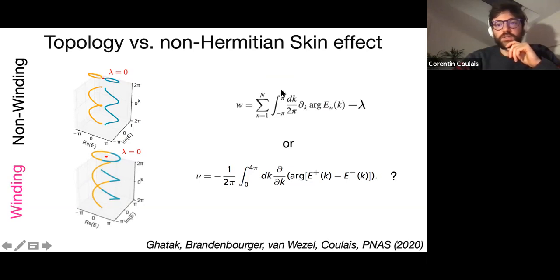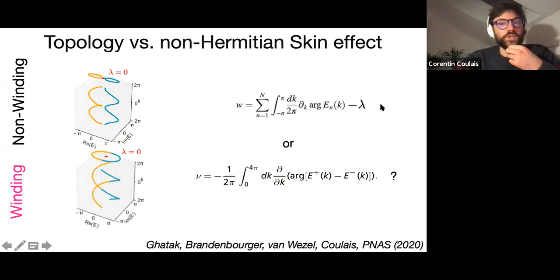Either this is the skin effect topology, where you have a transition depending on whether you wind around your eigenvalue, or this is the winding of the two roots around one another. And I think we cannot answer that question based on this system because the eigenvalue always happens to be locked in the middle.